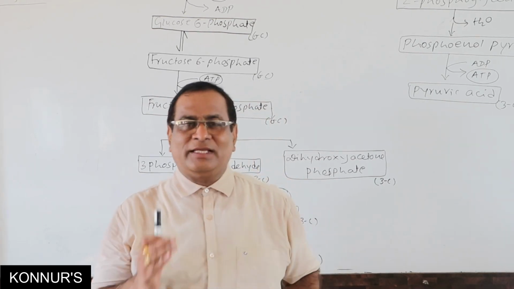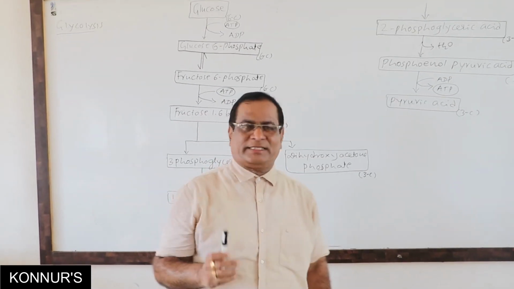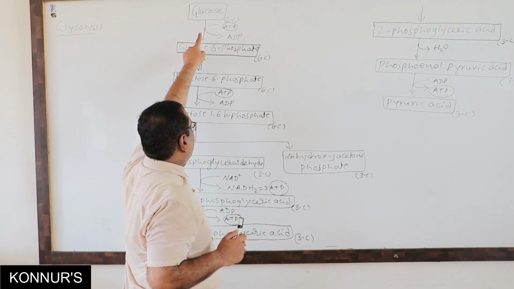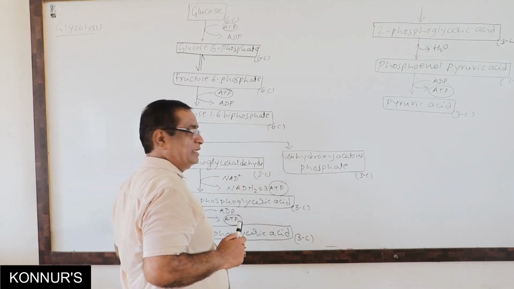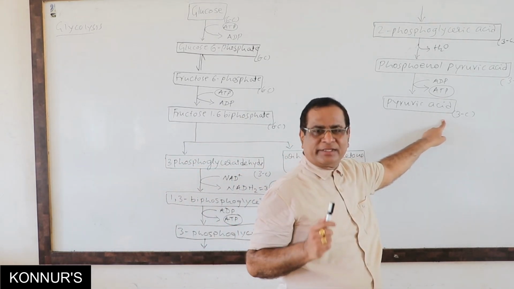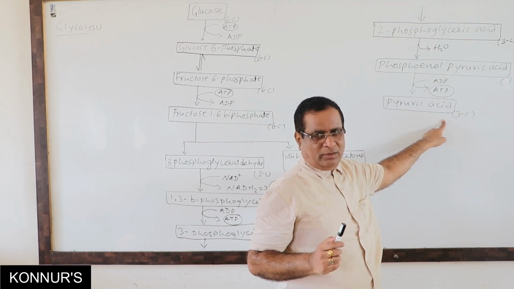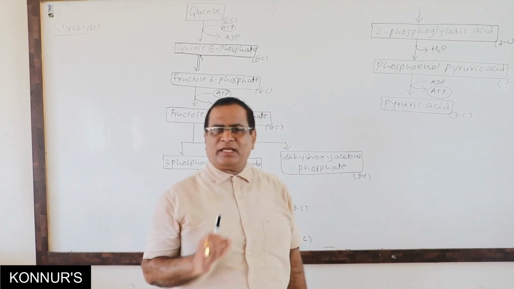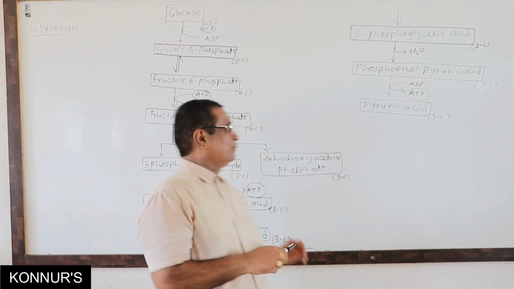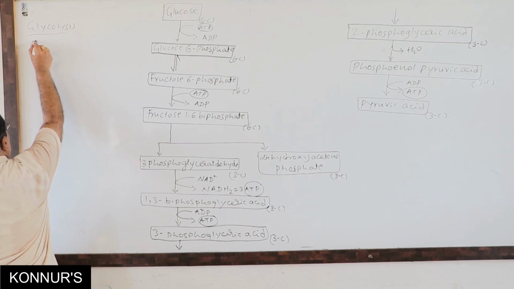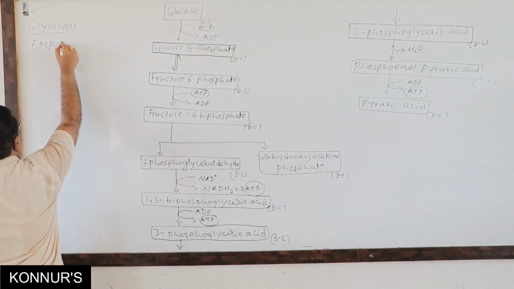Glycolysis is a process where 6-carbon glucose is split into 2 molecules of pyruvic acid. And it is taking place in cytoplasm. And this glycolysis is also named as EMP pathway.